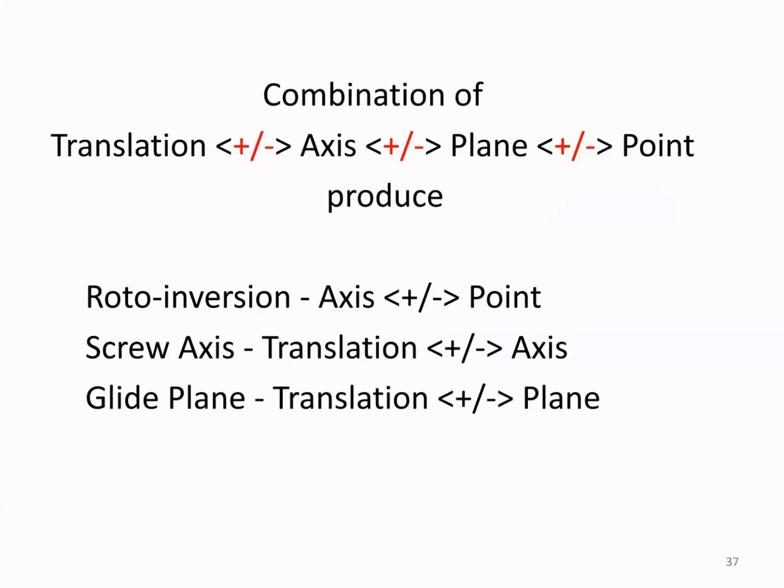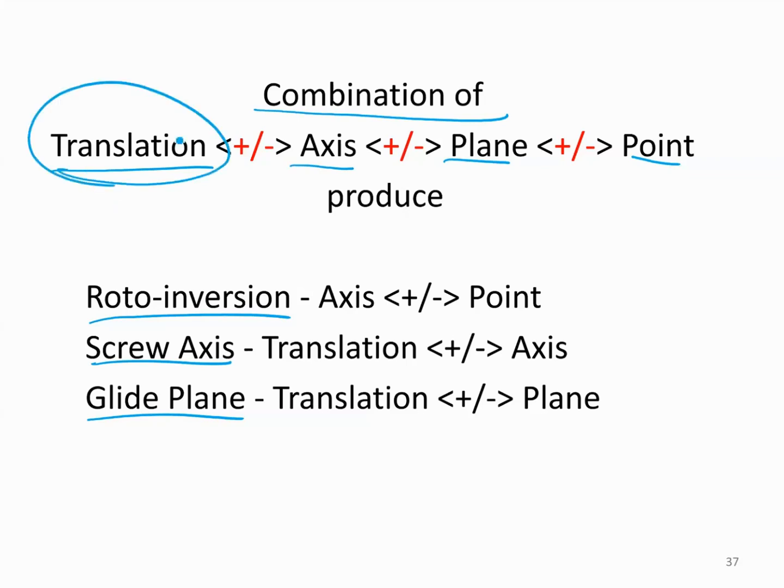So in short, we have combinations of translation, axis, plane, and point. Then you produce rotor inversion, screw axis, and glide plane. These are the basic ones. Translation, I explained in the first chapter. Axis, the rotation symmetry, I explained just now. Plane, the mirror plane, I also explained. Point means the inversion point, I also have explained, right?